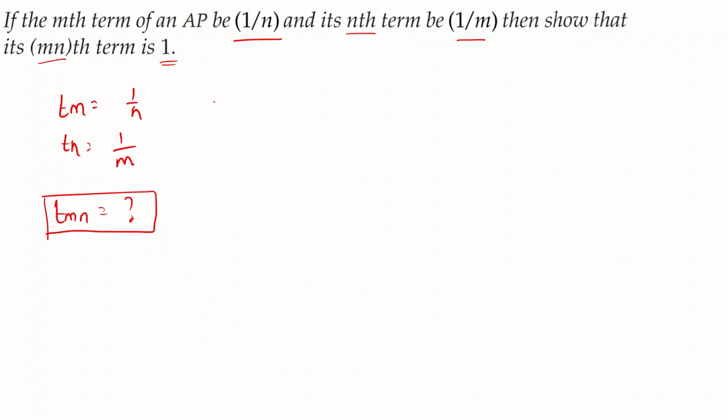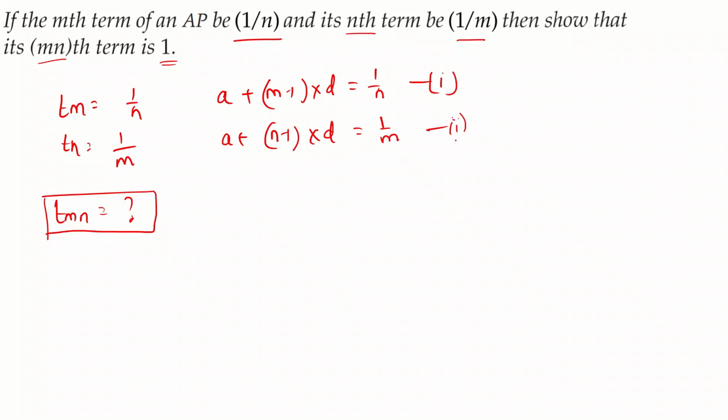So Tm is equal to A plus m minus 1 times D, which is equal to 1 by n. This is our first equation. And Tn is A plus n minus 1 times D, which is equal to 1 by m. This is our second equation. We quickly subtract to get rid of A and find the value of D. We can take D common.